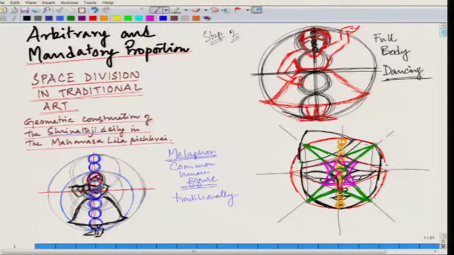So, this is a very rough and comprehensive drawing of the space division, and these are the basic rules that operate the geometry, and thus they continue with the uniformity.